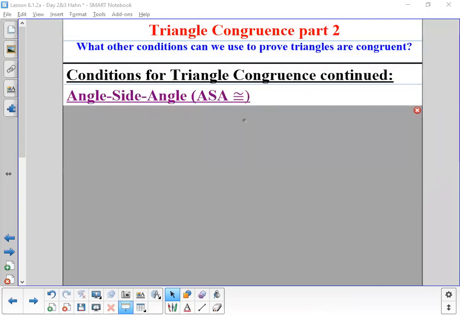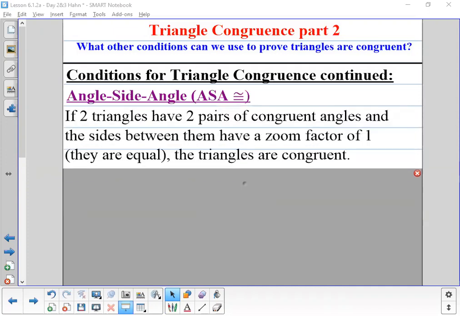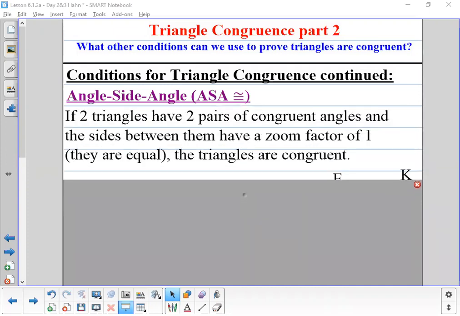Our first one that we were looking at is angle side angle congruence. Notice the side is between the two angles. So in our diagram, we're going to make sure that the sides that we're talking about are between the two angles that we're talking about. Here's what this one means.